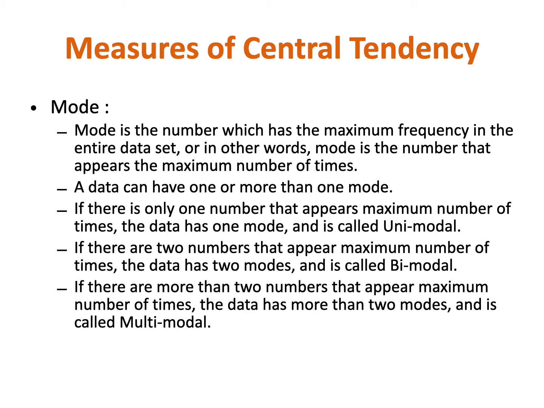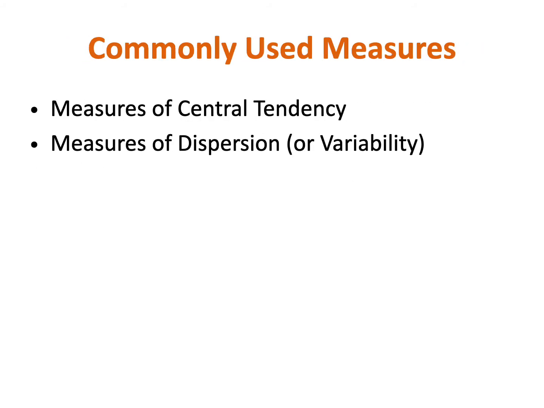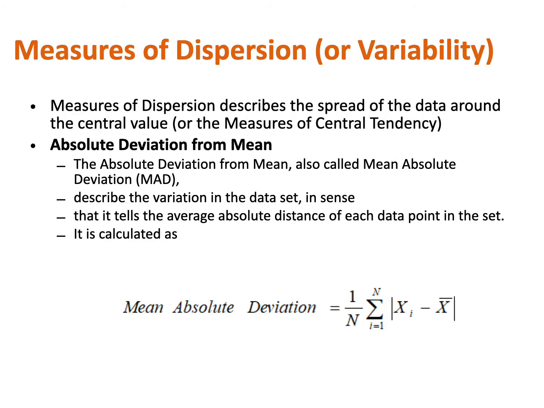And if more than two numbers appear the maximum number of times, then the data has more than two modes and is called multimodal. So it is just the basics about the measure of central tendency.